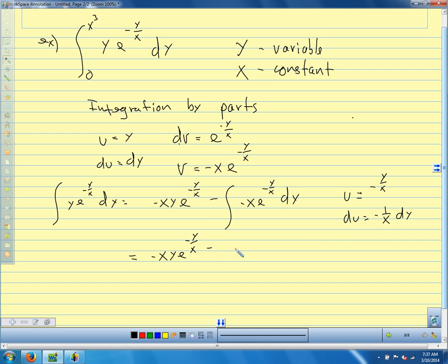So I end up with minus x squared e to the minus y over x. And now we need to evaluate this on our limits. So we're going to put our limits in here, 0 to x cubed.